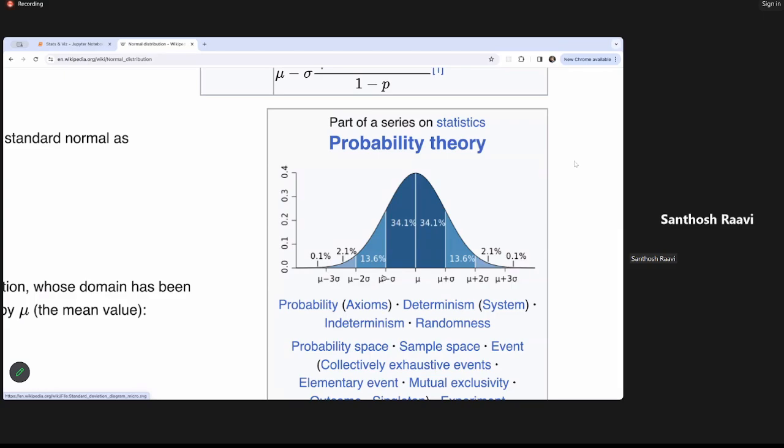That's the meaning here. It is nothing but the sparsity that you are showing here.